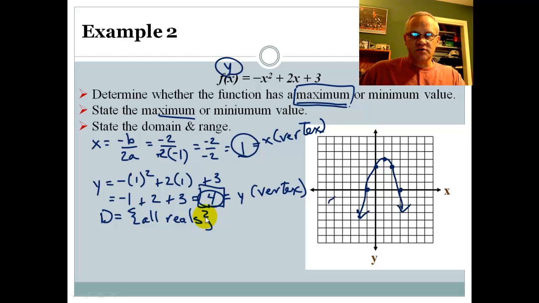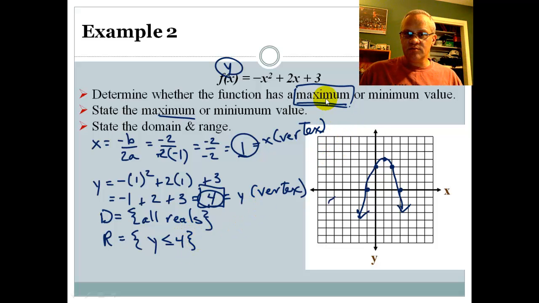For any of these quadratic functions, the domain will always be all reals. And the range will always be dependent on what that maximum or minimum value is. Since we found that the maximum value was 4, that means that the range will be all the values of y that are less than or equal to 4.